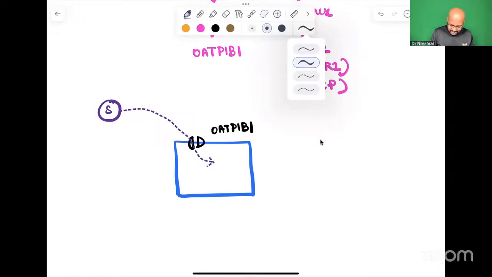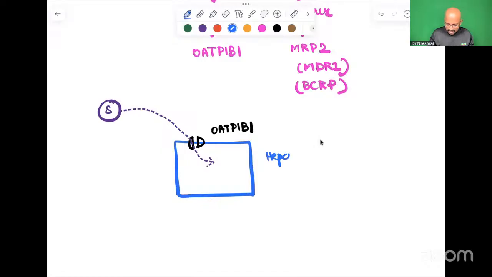Now, this is nothing but your hepatocytes, as we have discussed. What is the mechanism of action of statins? They inhibit the HMG-CoA reductase enzyme, which is present inside the hepatocytes. So this OATP1B1 transporter is primarily responsible for uptake of statins into the hepatocytes to produce the pharmacological responses of statins.